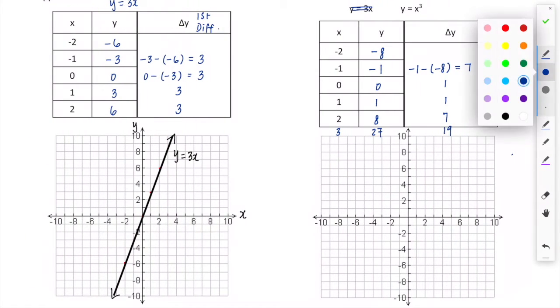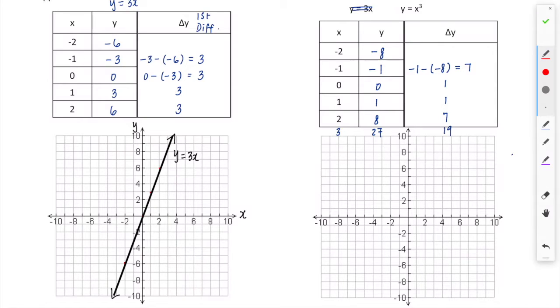Well, what does this look like if I try to plot the points? So let's see, negative 2, negative 8 is here. Oops. And then negative 1, 0, 0, 1, 1, 2, 8. And then 3 will be like all the way outside of the graph. And let me try to connect these points.